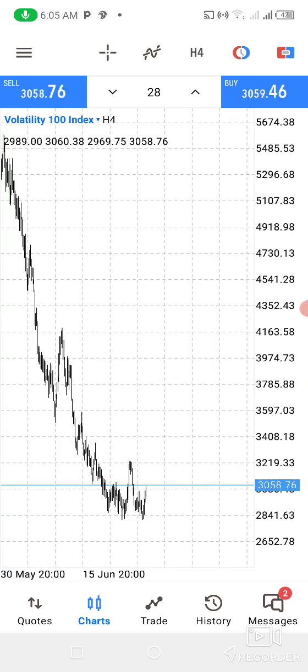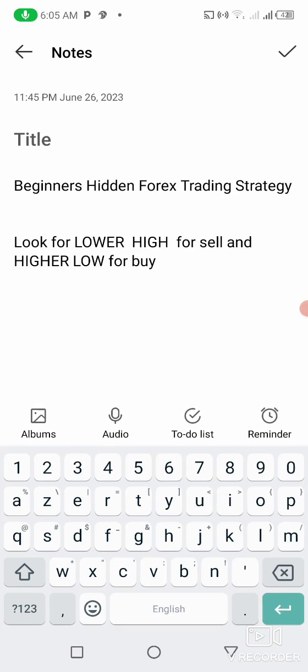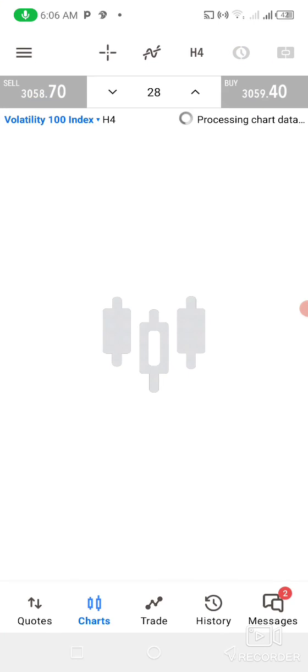If we go back to the document, it says look for lower high for sell and higher low for buy. This is something many traders have forgotten. They are not even trading with this ideology, so if you are not trading with this ideology, it means you have been losing a lot of money.